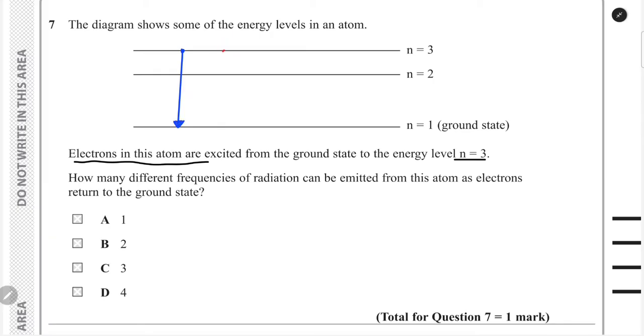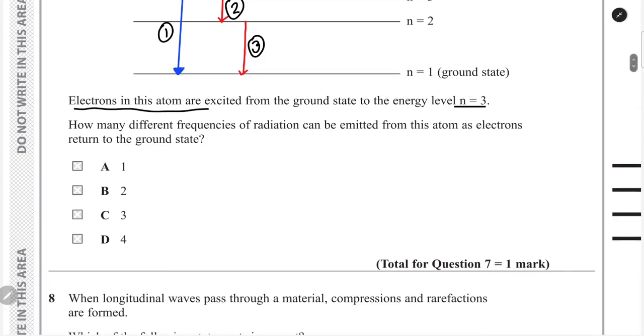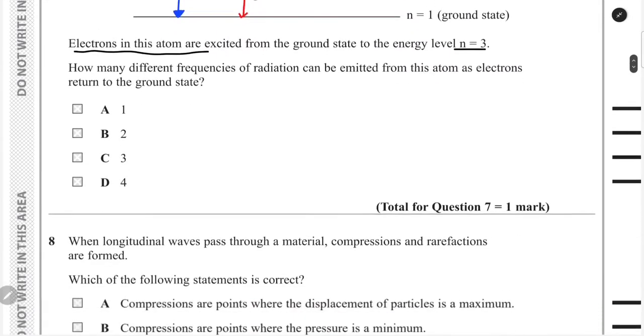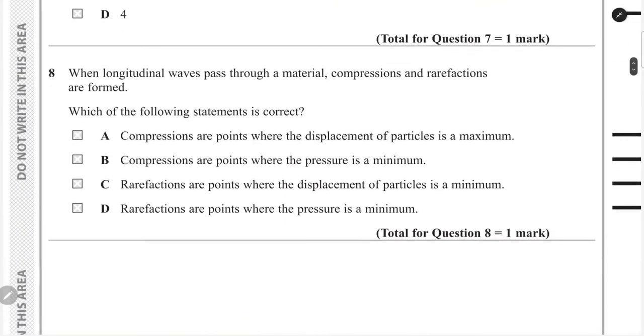The next possibility would be going over here, and then from there we go over here. So this is one frequency that's possible. This is another energy level gap that's possible, and this is the third one that's possible. We don't have any other option, so 3 is our answer.